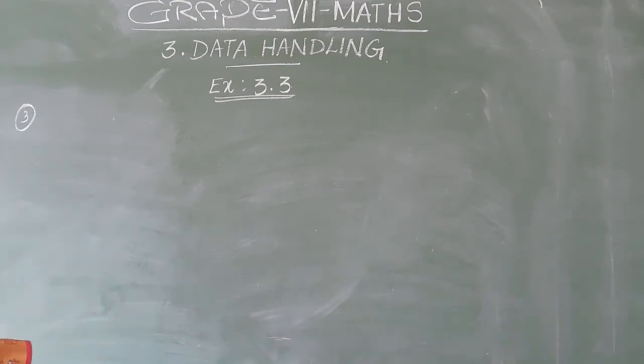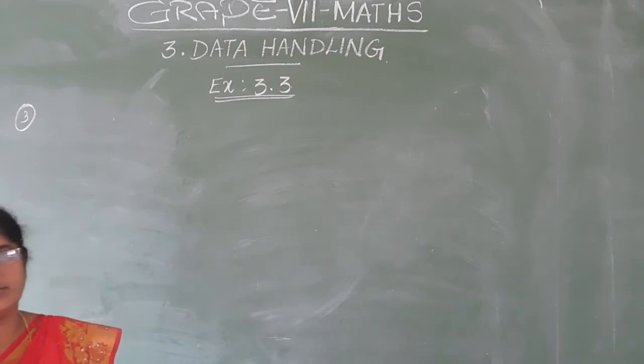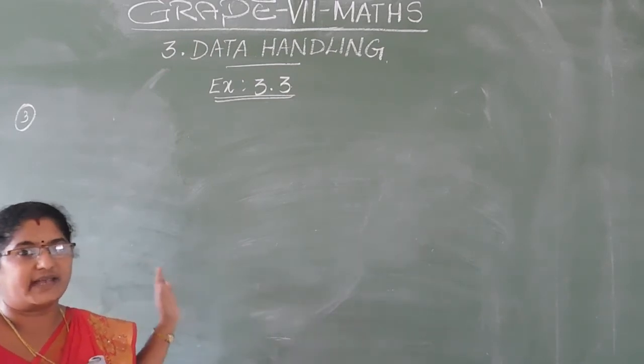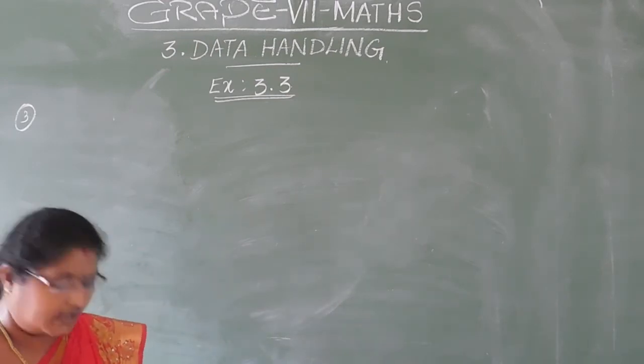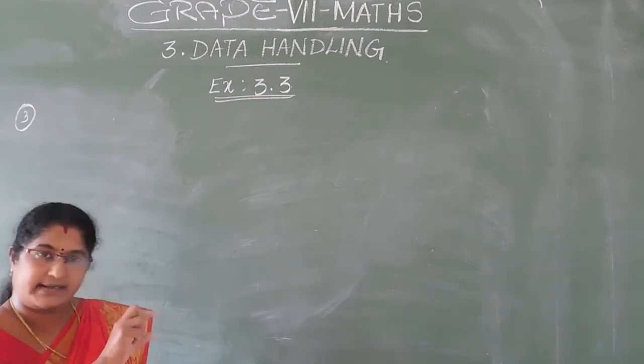Take your graph note, exercise 3.3, third question. In the graph note, in the written part, you write the question and the tabular column, everything.